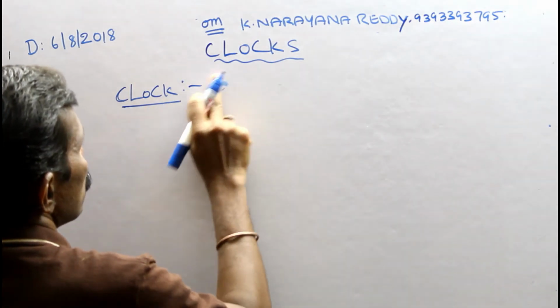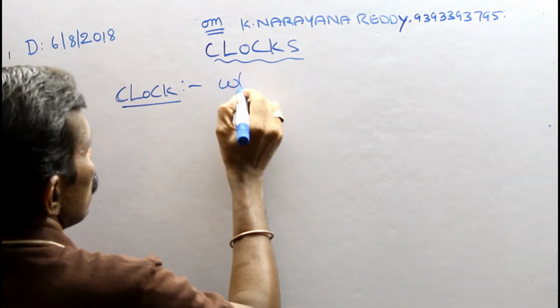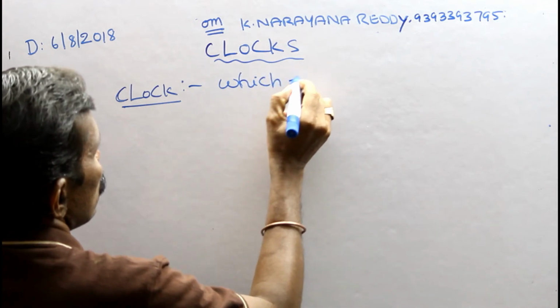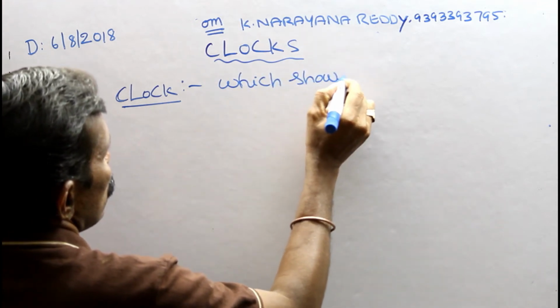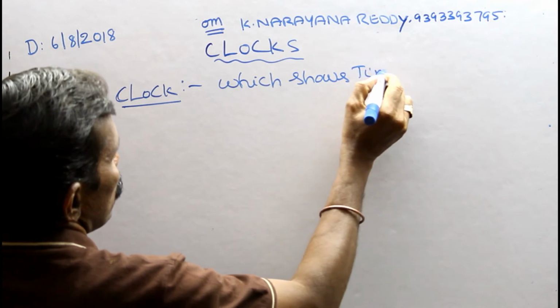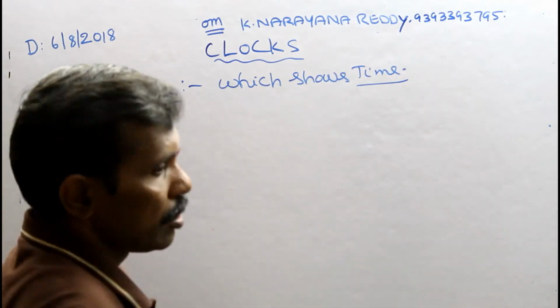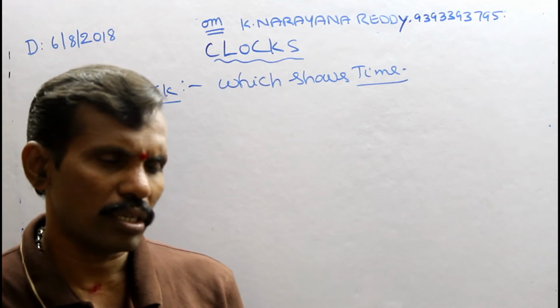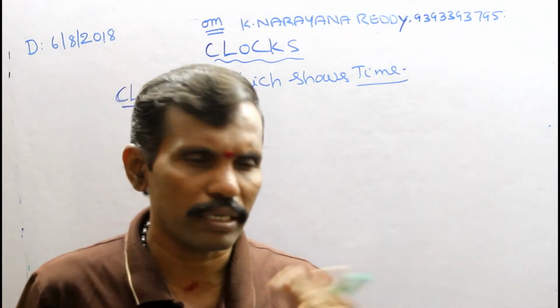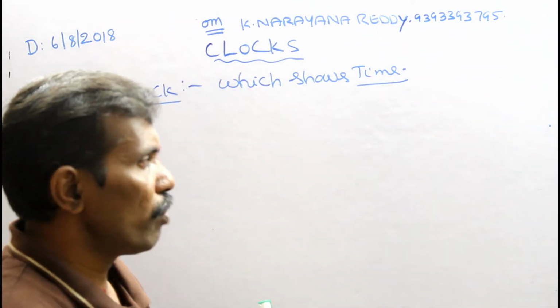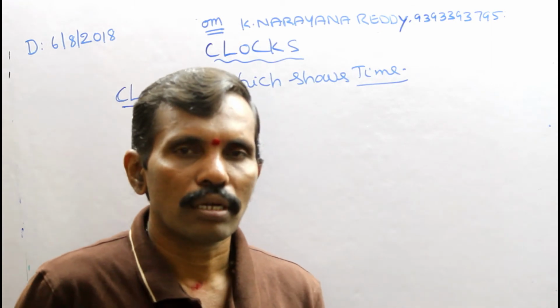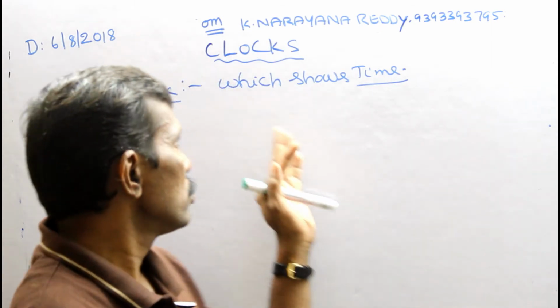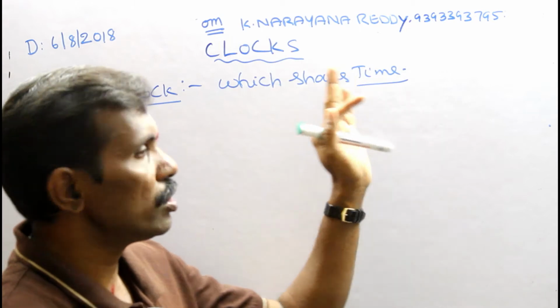There are so many definitions and explanations, but we don't want those now. We want to know about the analog watch, which shows time.